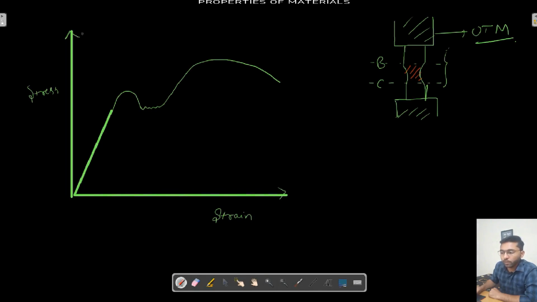So I'll be mentioning few of the points here. Let's say this is point A, let's say this is point B. This topmost, let us say it is point C, this is point D, let's say this is point E, this point, let's say it is F, and this point, suppose it is G. Now we will be discussing these critical points which we observe in a stress strain curve of mild steel.